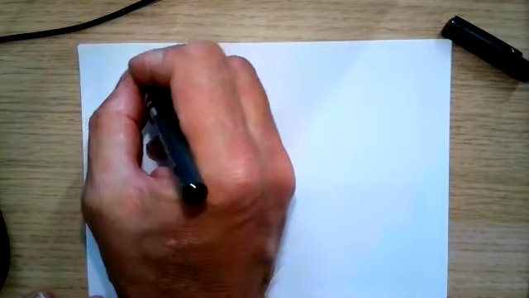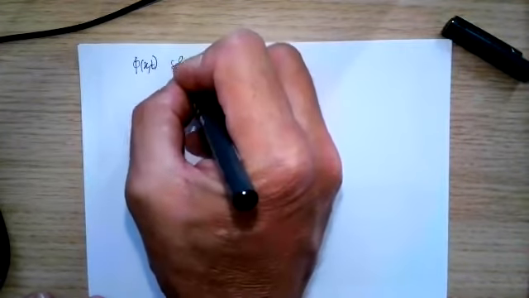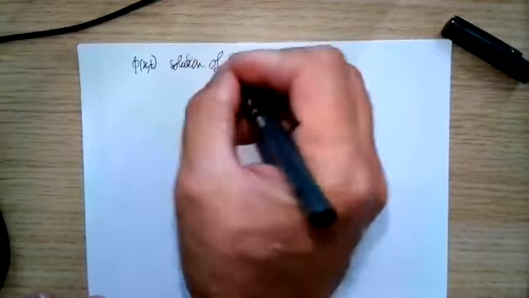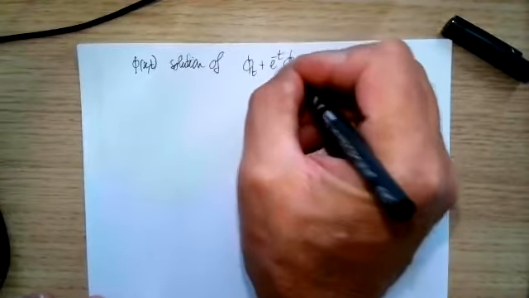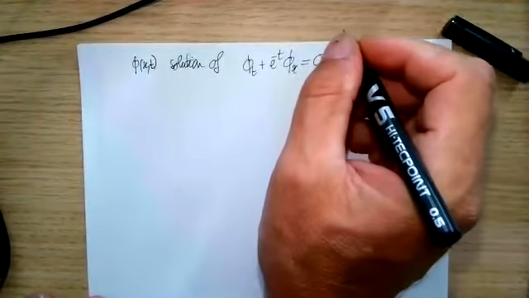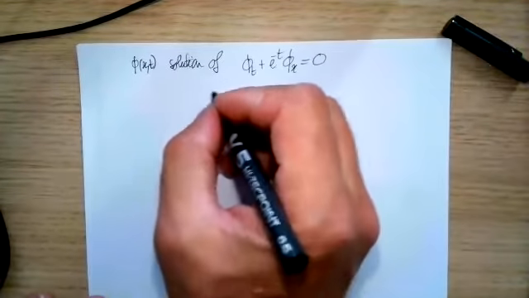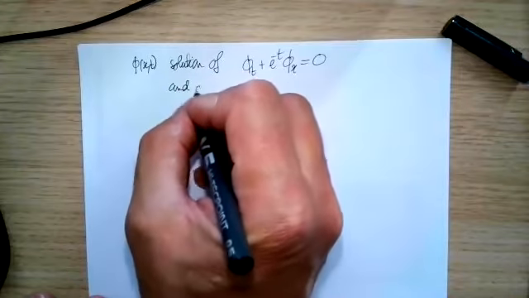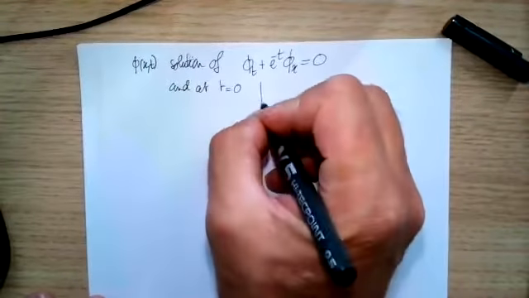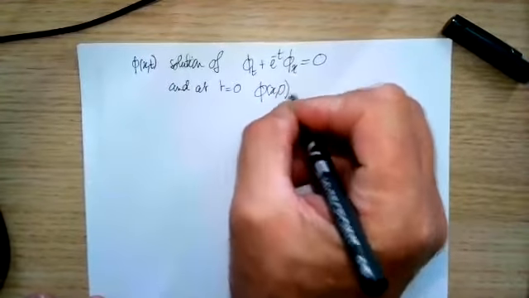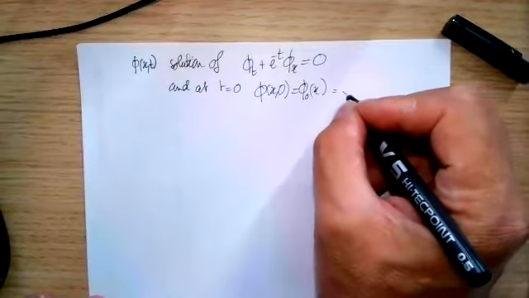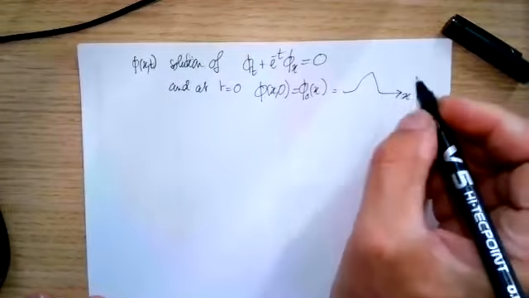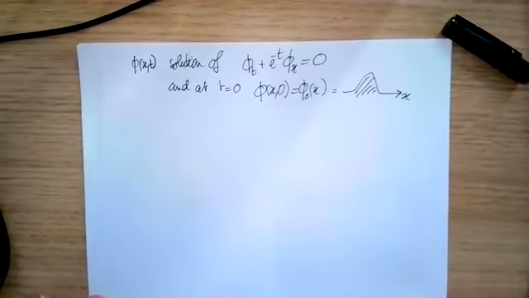One wishes to determine psi of x,t, solution of psi t plus exponential minus t psi x equals 0, and at t equals 0, psi of x,0 is given. It looks like, say, something like that, the function of x.